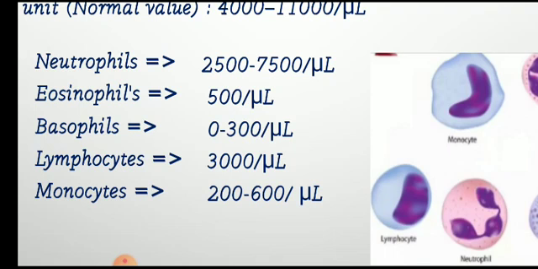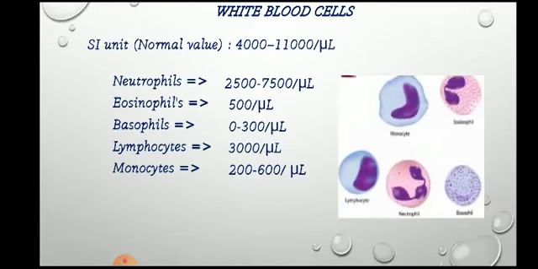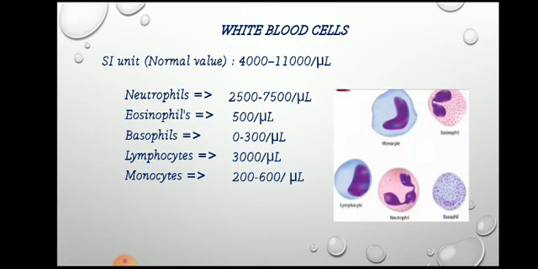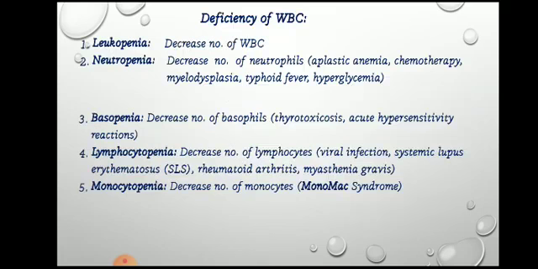Similarly for eosinophils 500 per microliter, basophils 0 to 300 per microliter, lymphocytes 3000 per microliter, and monocytes 200 to 600 per microliter. So those are the normal ranges of these WBCs in our body.